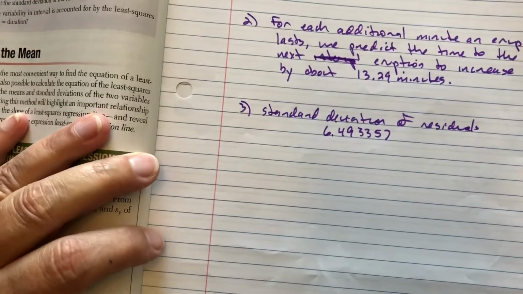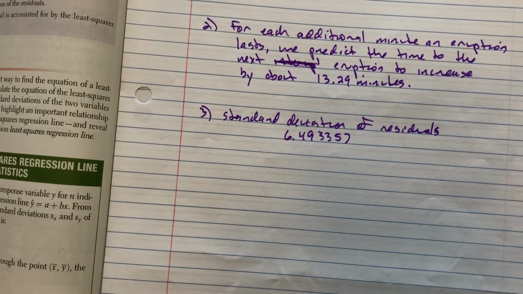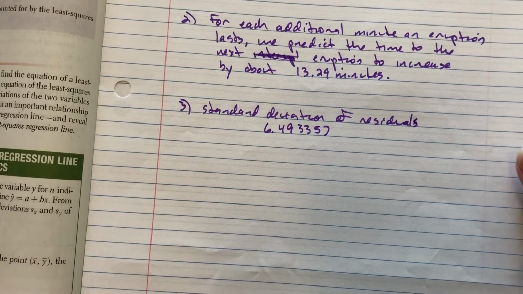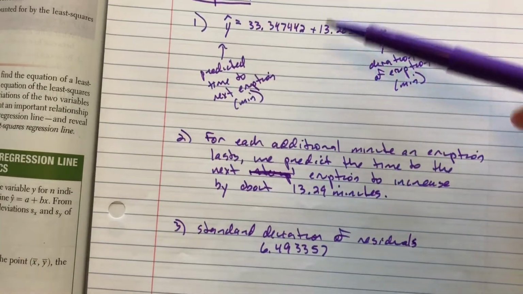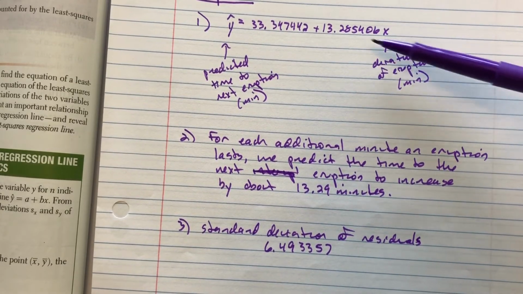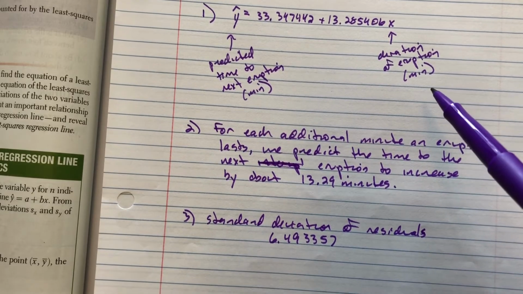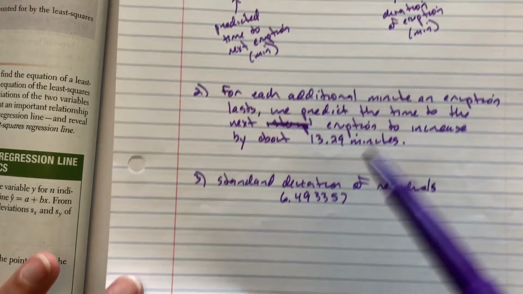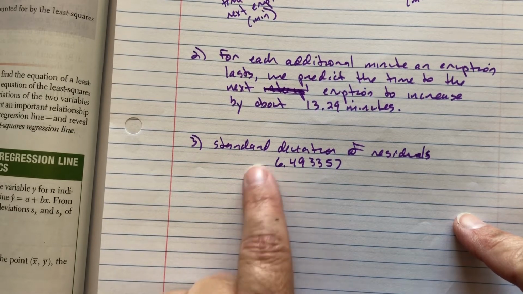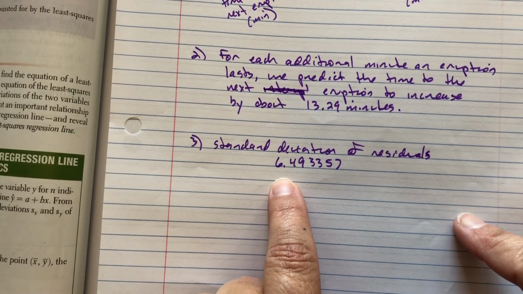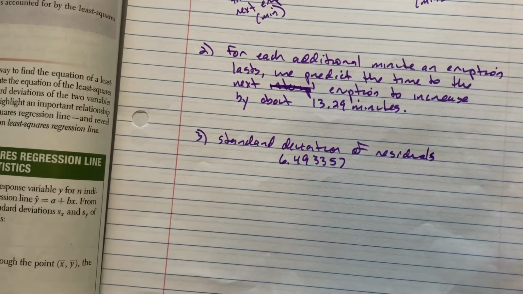What does that mean? Remember what the residual is. The residual is the distance between the actual and the predicted. So this simply means when I use this least squares regression line to predict the time until the next eruption from the duration of the eruption, my predictions are typically off by about 6.5 minutes, on average. That's my interpretation of the standard deviation of the residuals.